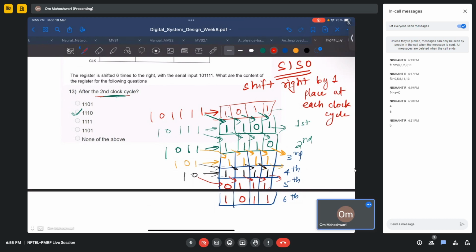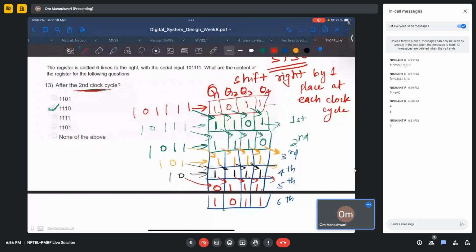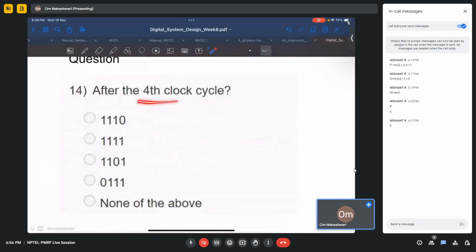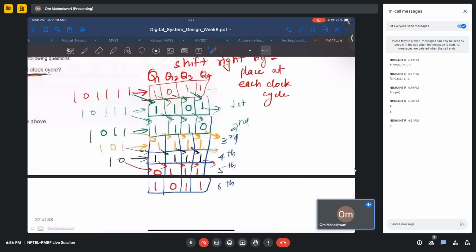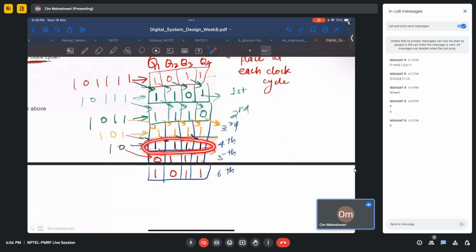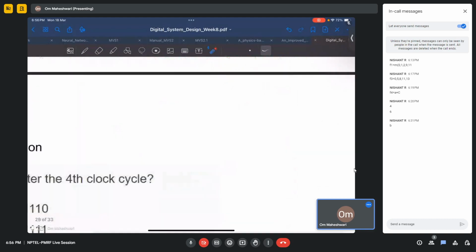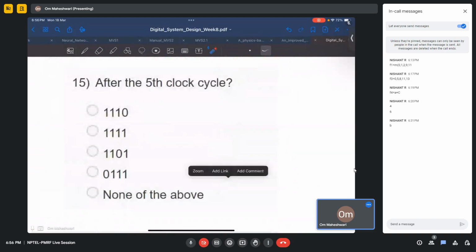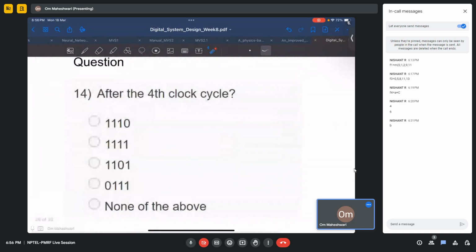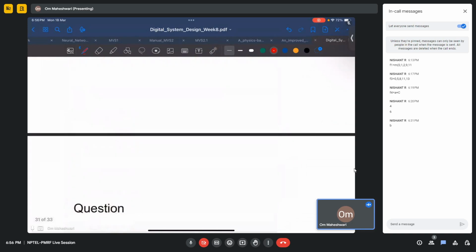So in the second clock cycle, the digits stored in your registers are 1110. Next, in the fourth cycle, what do we have? We have 1111. Next is the fifth cycle.